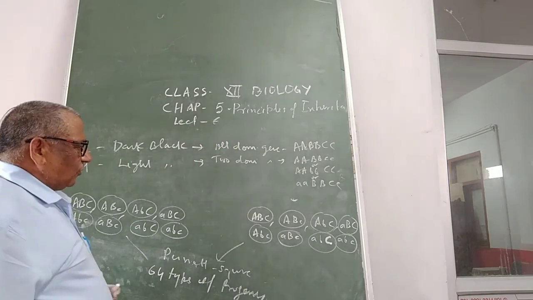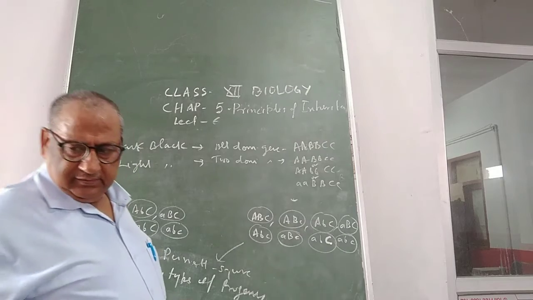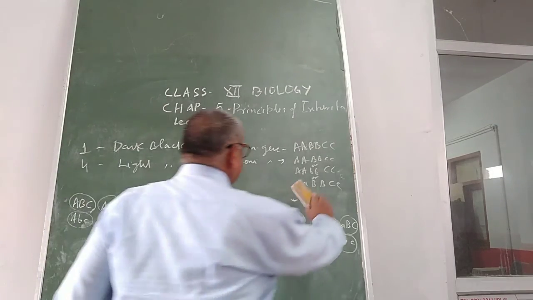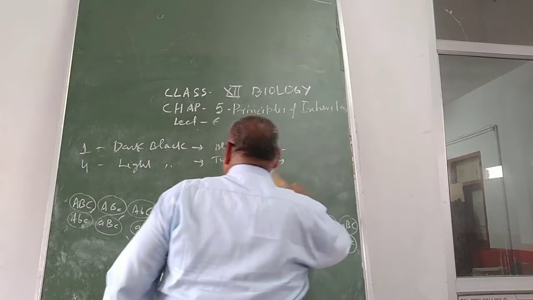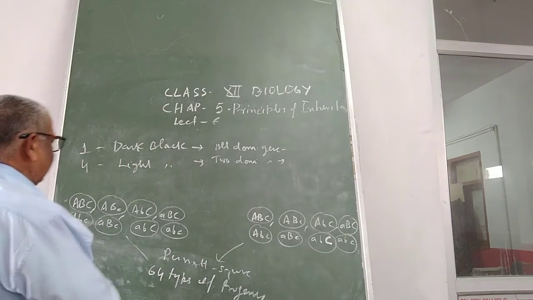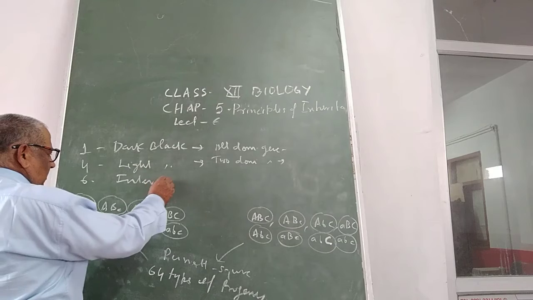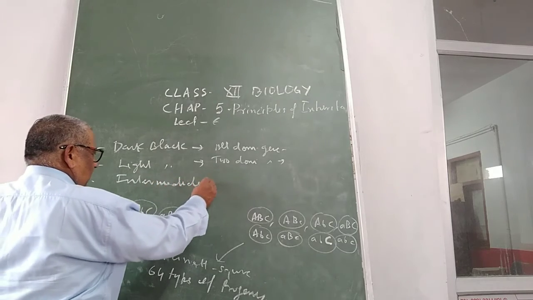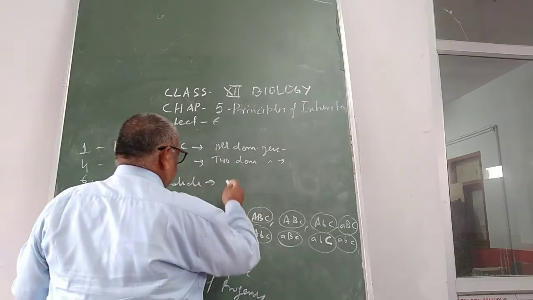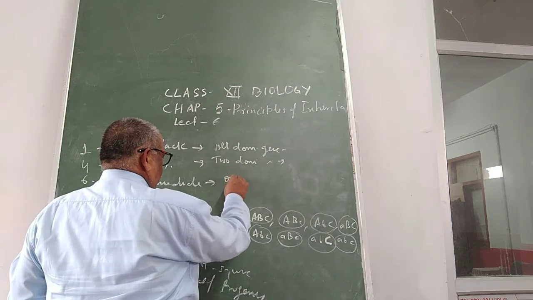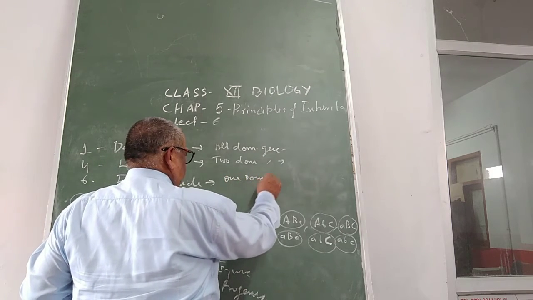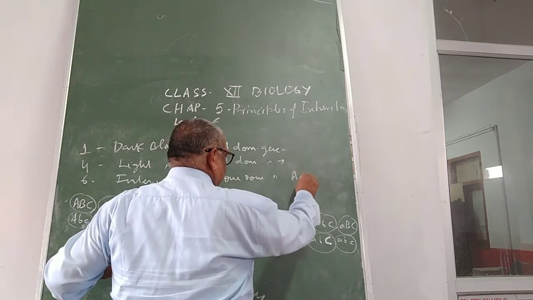In that case, there are four types of individuals. In this way, we are finding four light black, and number six intermediate, with one dominant gene.